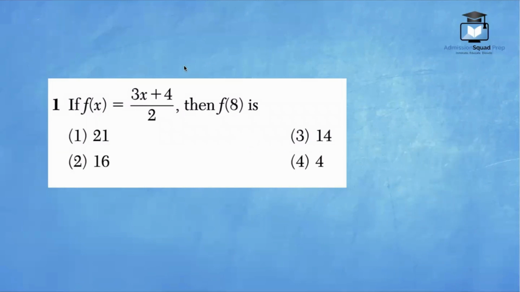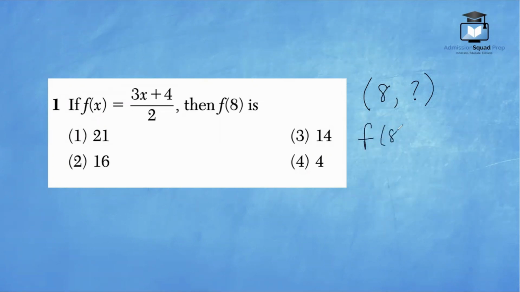For question number 1, it states if f of x equals (3x plus 4) divided by 2, then f of 8 is. So essentially, we are evaluating what is the value of y when x equals 8. So we will replace x with 8 so that we can calculate what the output value is.